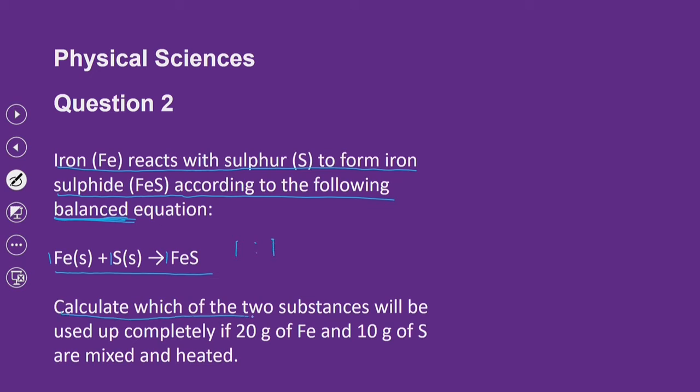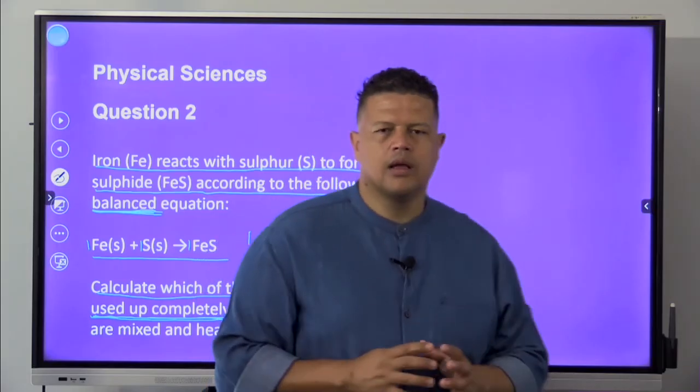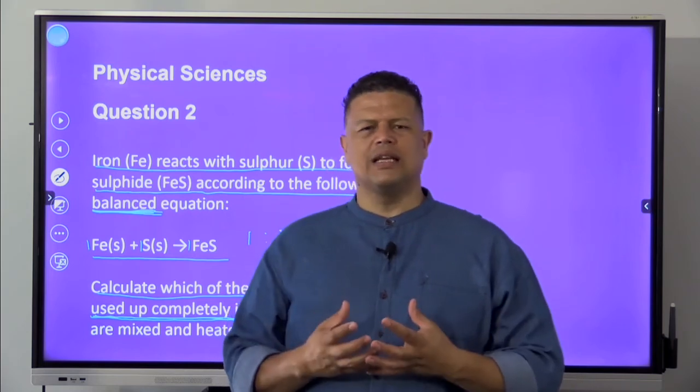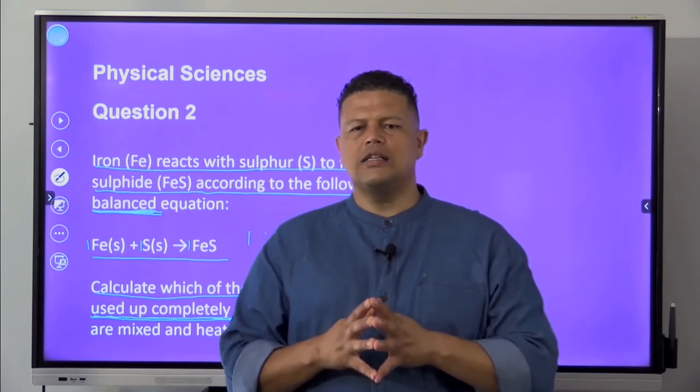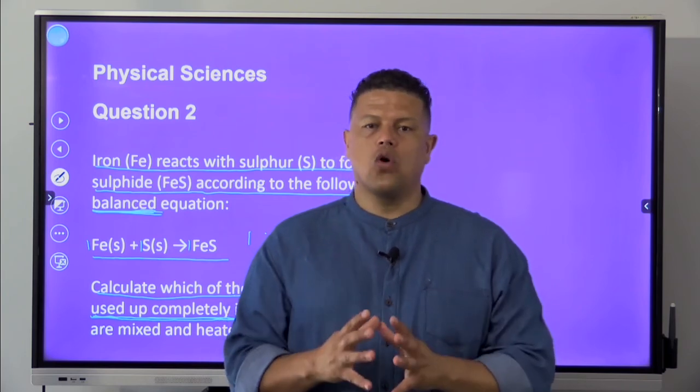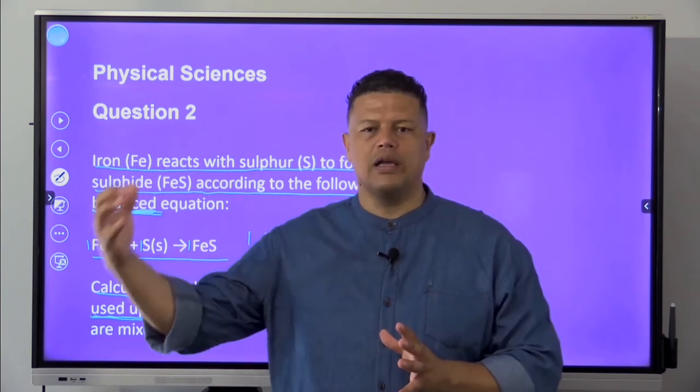Calculate which of the two substances will be used up completely. This is something very important. So we're talking about limiting reagents. Now, what is a limiting reagent? That is the reagent or the reactant which causes the reaction to come to a halt.